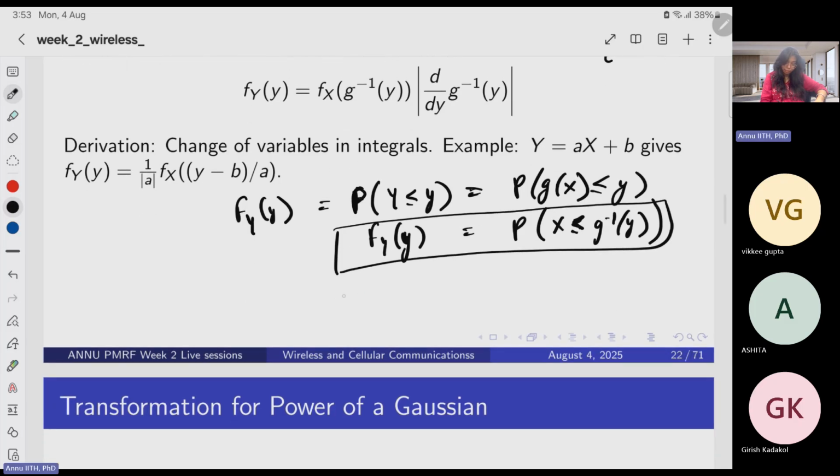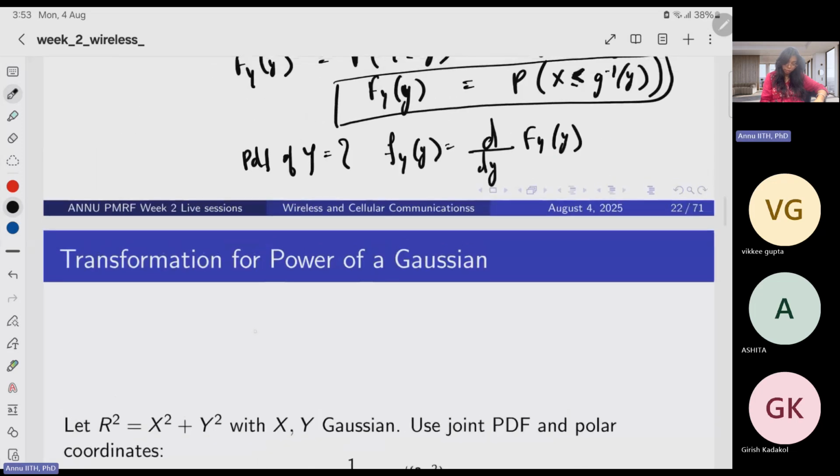Now, how will you calculate the PDF of y? As we know, f of y is the differentiation of the CDF of y.